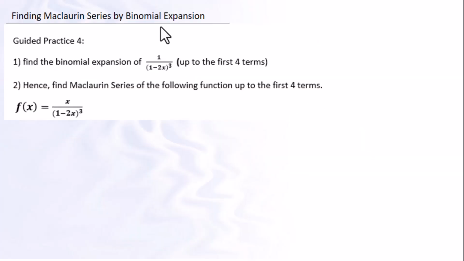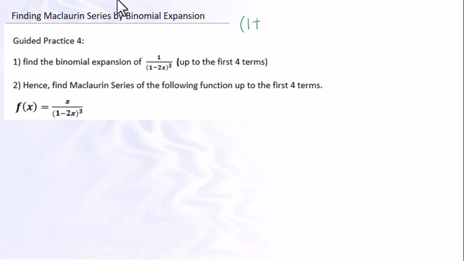We can also find a Maclaurin series by binomial expansion. For example, find the binomial expansion of 1 over 1 minus 2x to the third power up to the first 4 terms.